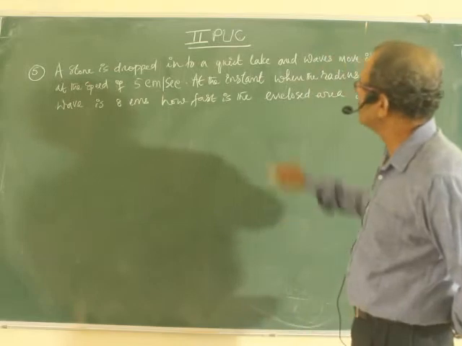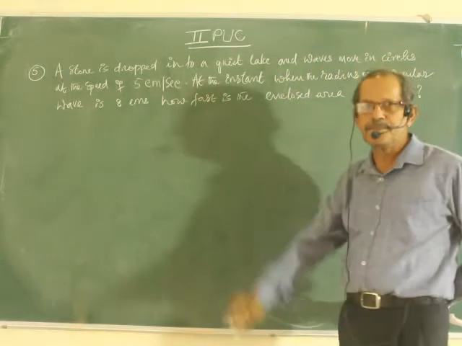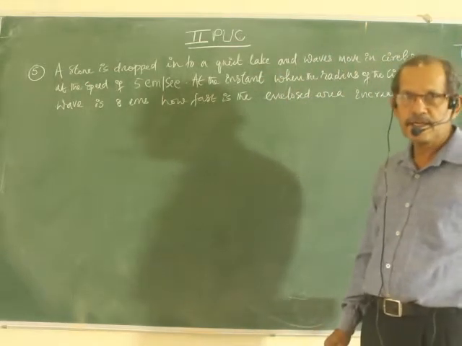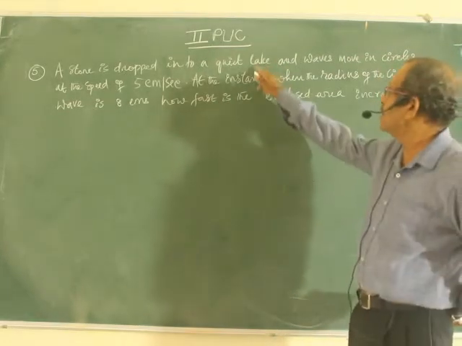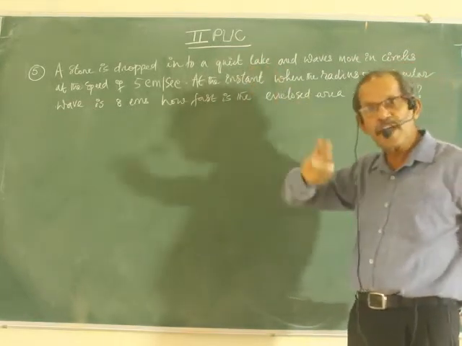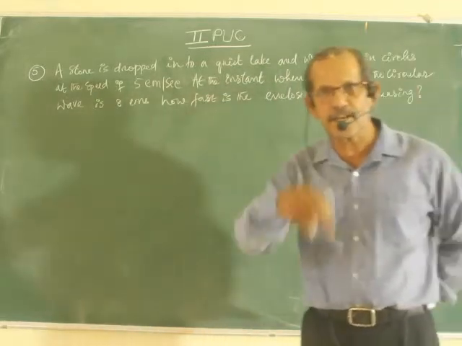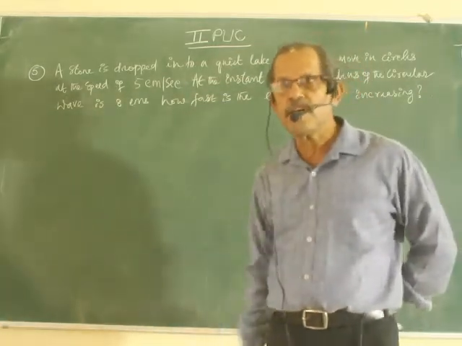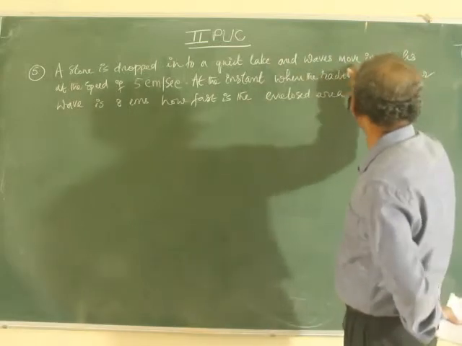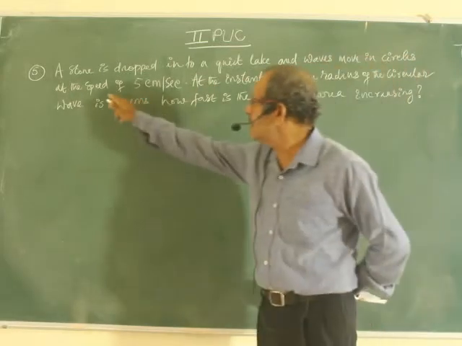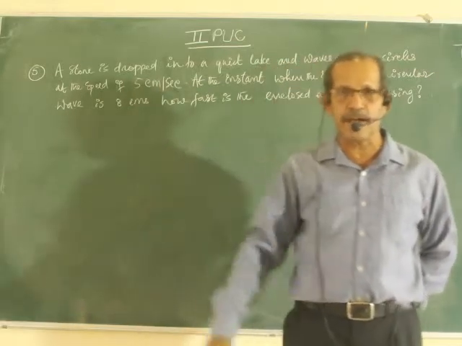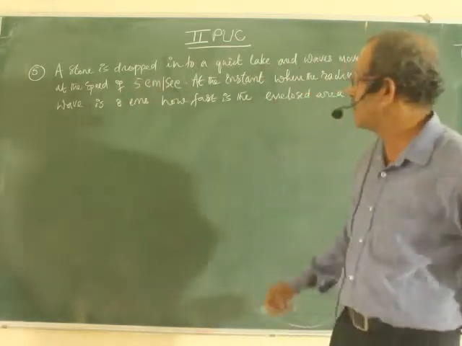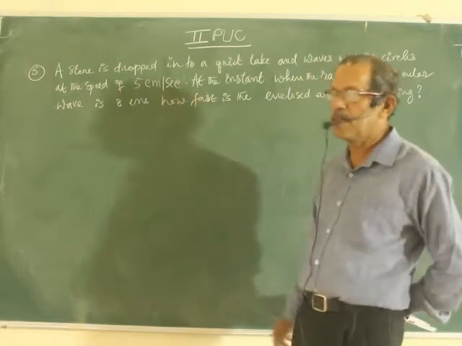A stone is dropped into a lake. Water. Immediately the waves are formed. And the wave moves away from the center. Remember, circular wave moves away from the center. Waves move in circles at the speed of 5 centimeter per second.